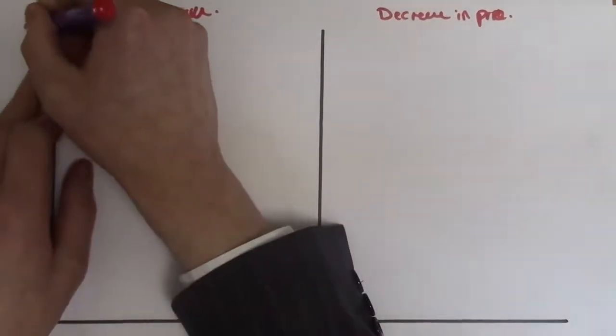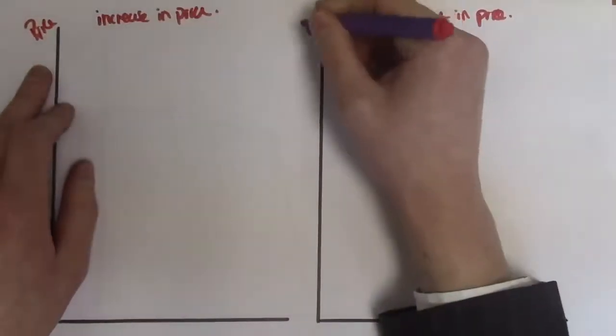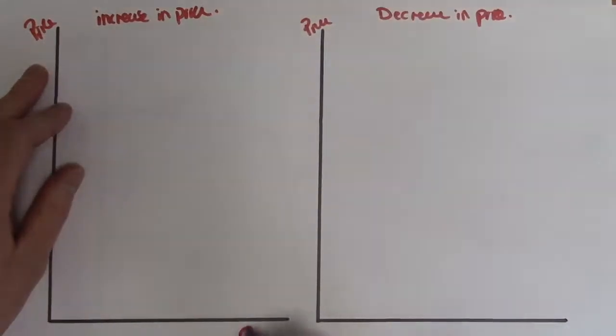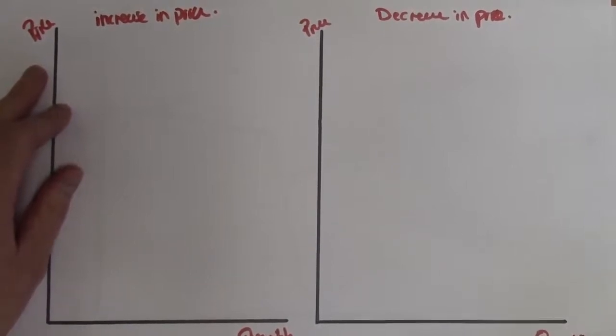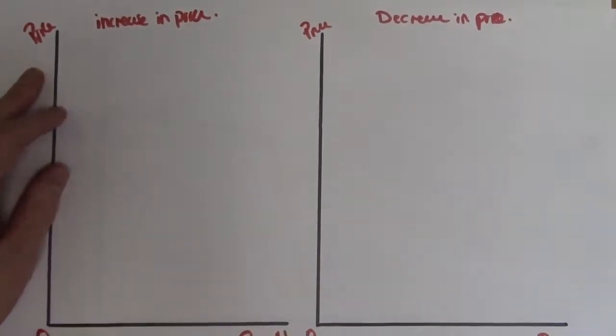Again, just our price on the y-axis and quantity on the x-axis, on our 0 in the corner.